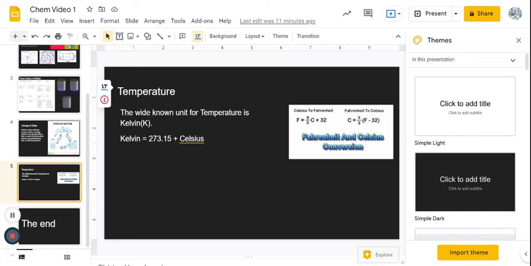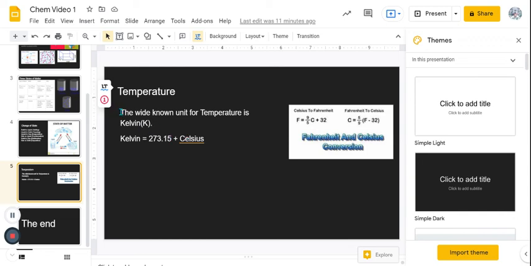The widely known unit, the SI unit for temperature, is Kelvin. And here's the formula for Kelvin: Kelvin is equal to 273.15 plus Celsius. Most likely, when you hear temperature, you think of Celsius or Fahrenheit.